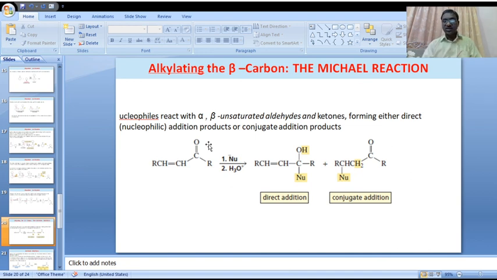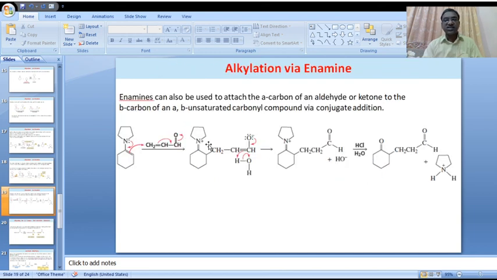In the last slide, with the alpha beta unsaturated compound, we used the same enamine, and the formation of the final product also proceeds via conjugate addition. Is it clear?